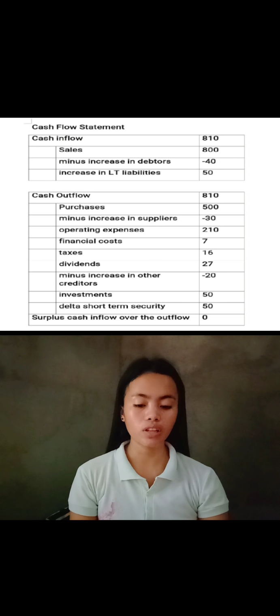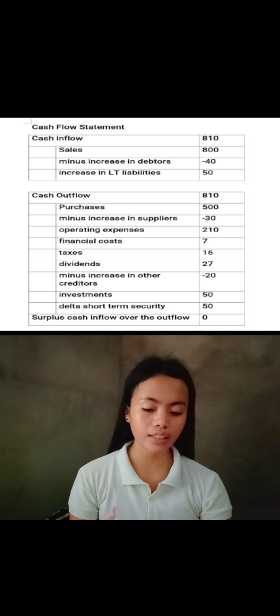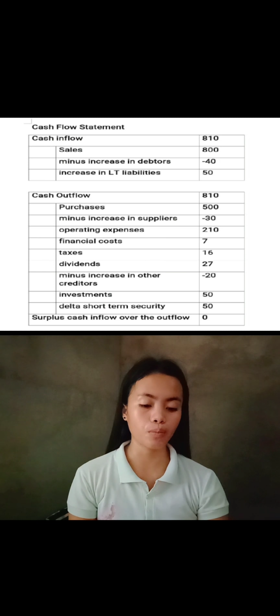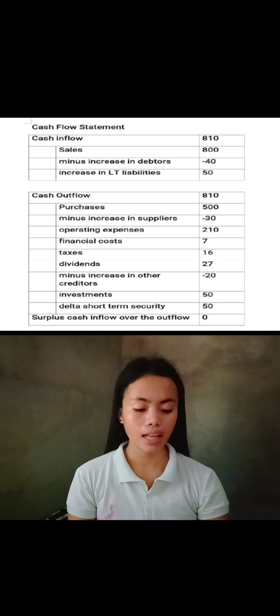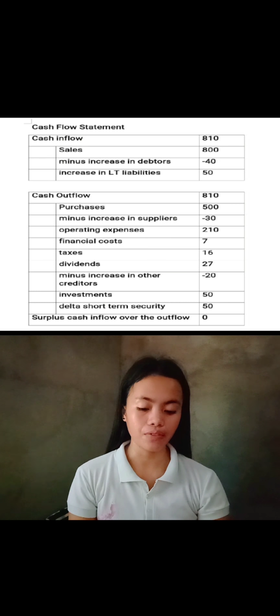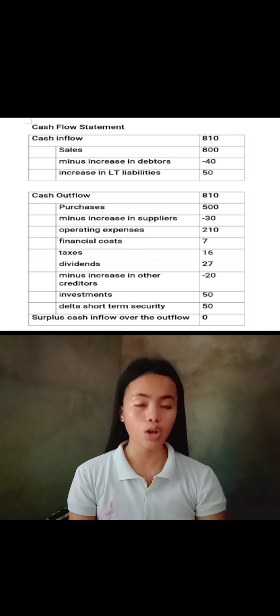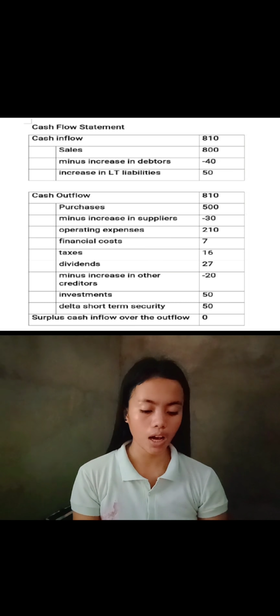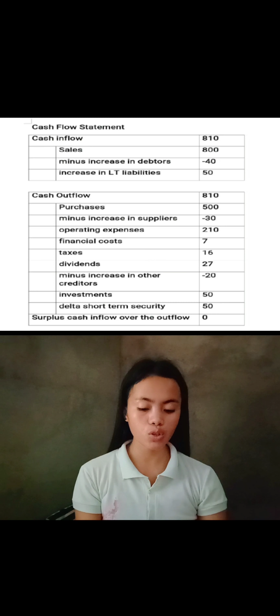For cash outflow, purchases 500, minus increase in supplies, plus operating expenses, plus financial costs, taxes, dividends, minus increase in other creditors, plus investment, and plus delta short-term securities. So the surplus of cash inflow over outflow is zero. There is no excess of the inflow over the outflow.